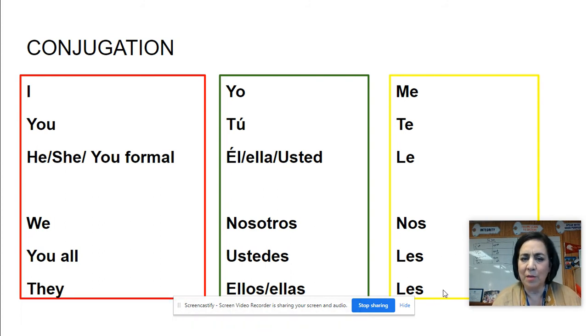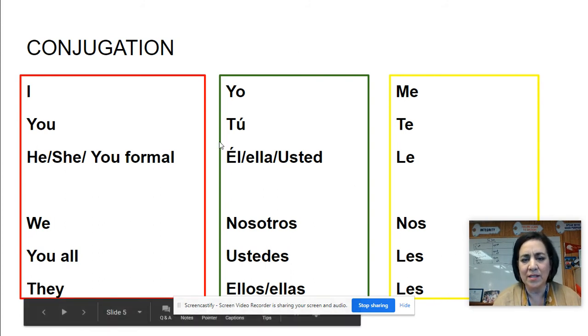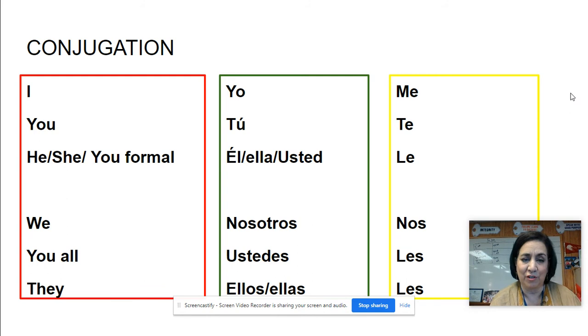But most of the time, we're going to use the green section right here, okay? These pronouns are the ones that we're going to use for most of the conjugation of verbs. There are just a bunch of them that use me, te, le, and so on. So we're going to focus on these ones. Yo, tú, él, ella, usted, nosotros, ustedes, ellos.